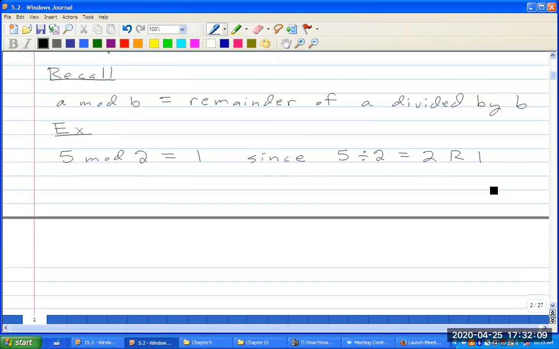Okay, so Z mod n is equal to the set of all integers, and I'll just write it this way: 0, 1, 2, up to n minus 1, where we have the following.